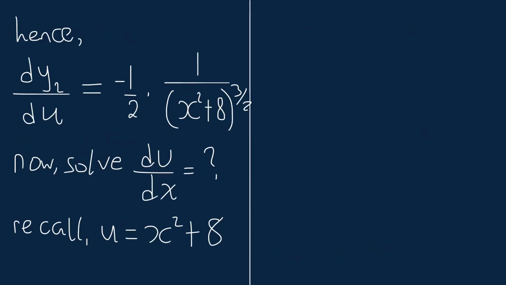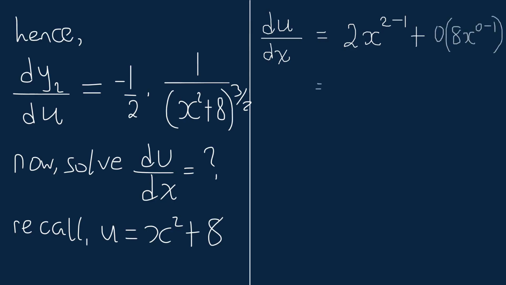Now, we progress to solving for du dx. To get the result of dy dx, we need to multiply the differentiated forms for dy du and du dx. This result is the same as f2 prime of x.